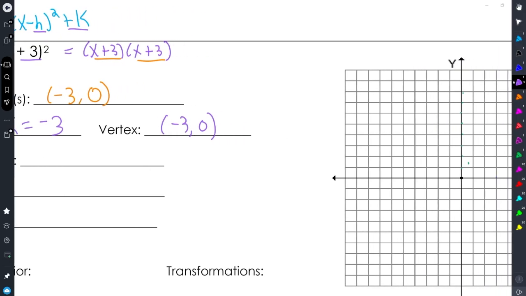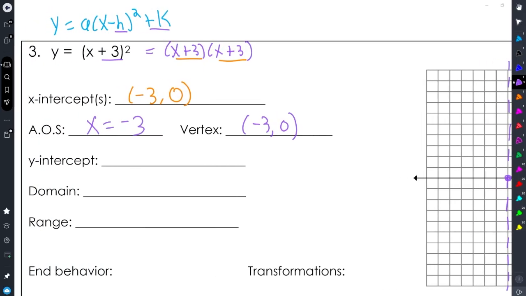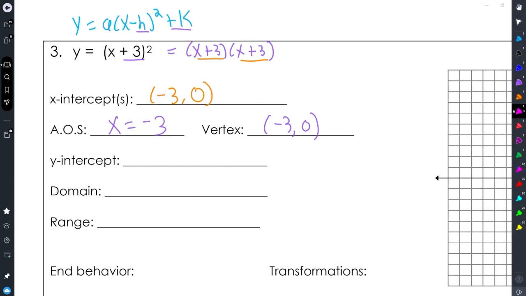So let's go over and plot that. So we have negative 3 comma 0. Now we need another point. So let's find our y-intercept like we did in vertex form. So f of 0 is 0 plus 3 squared, which is equal to 9.